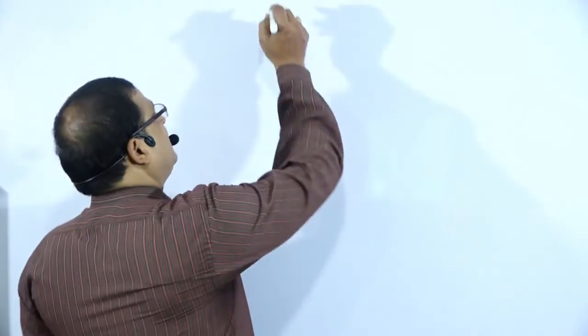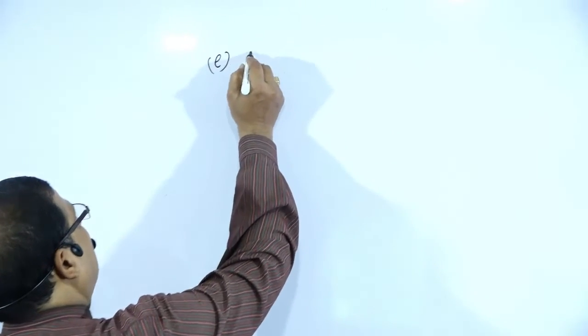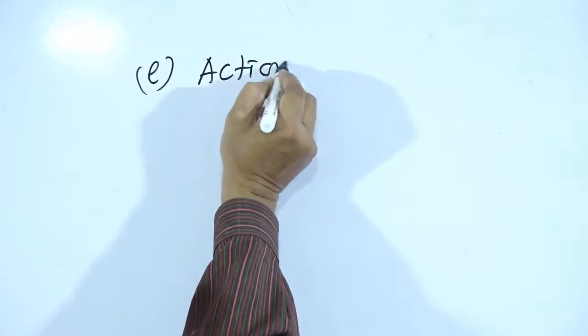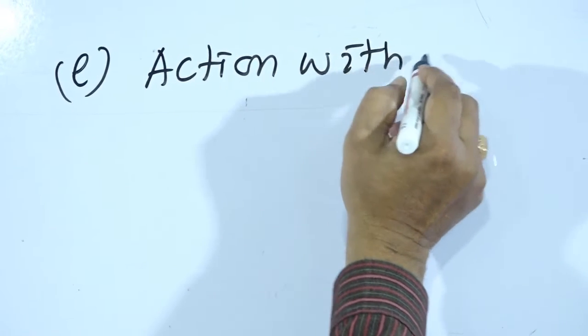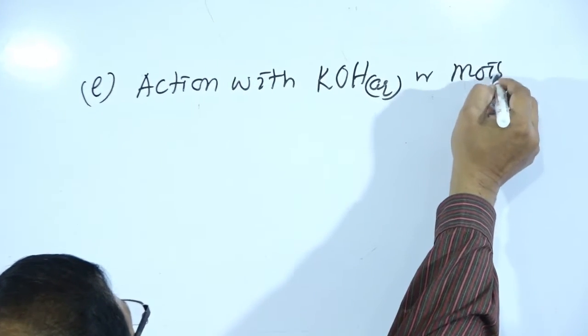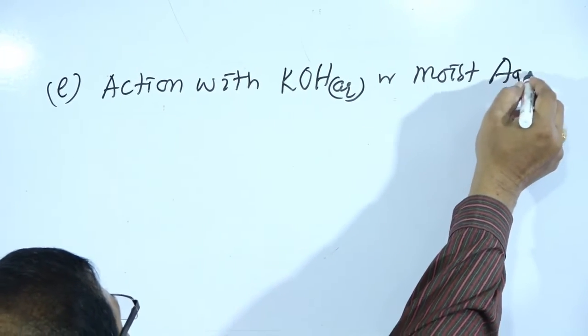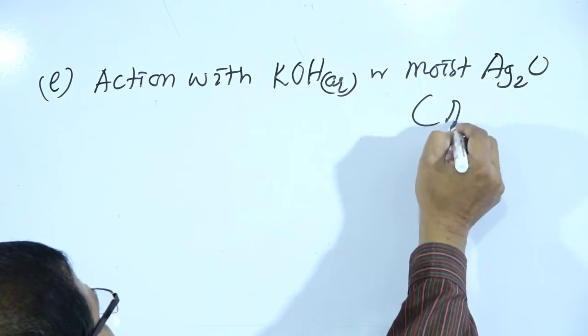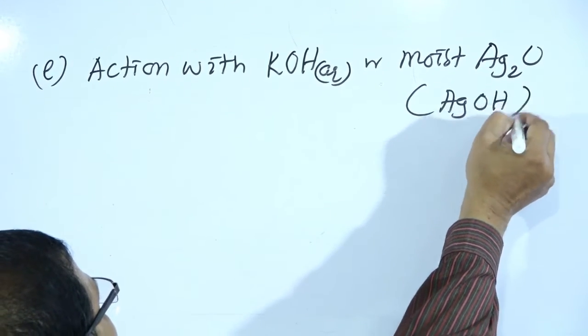Next, let's look at the action of alkyl halides with aqueous KOH or moist Ag2O, that is AgOH.